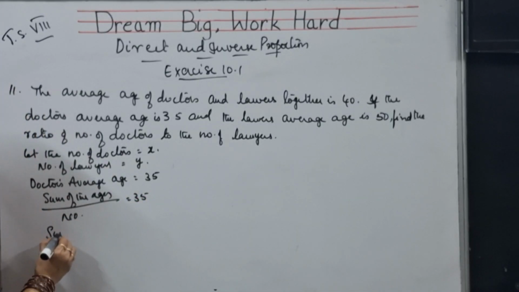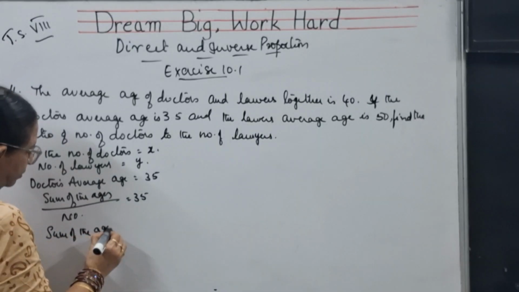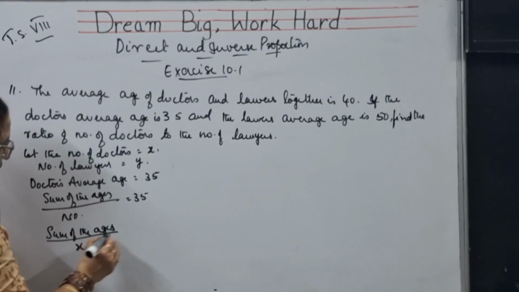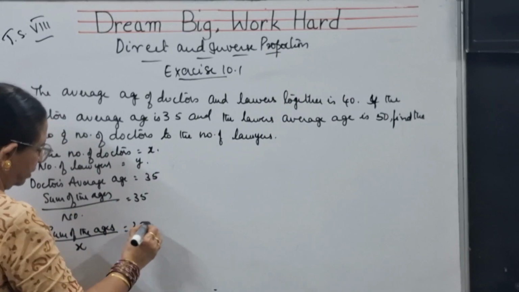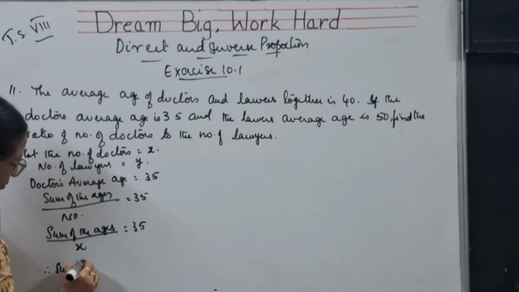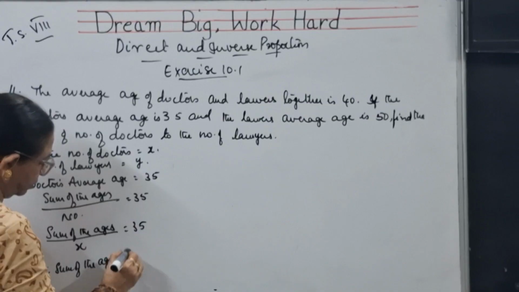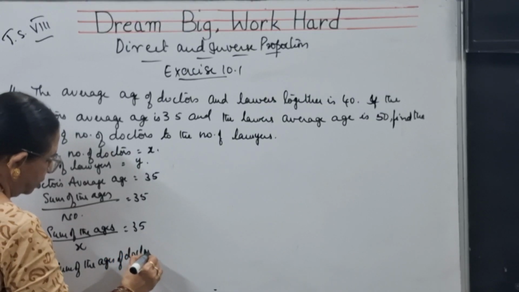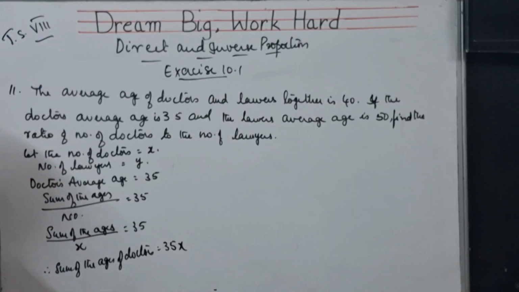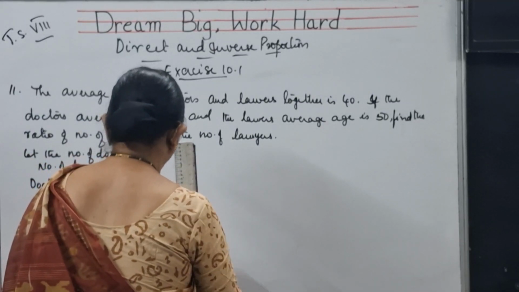So sum of the ages divided by the number of doctors, which we are considering as x, is 35. Therefore, the sum of the ages of doctors is equal to 35x. Now similarly, let us go for the lawyers.